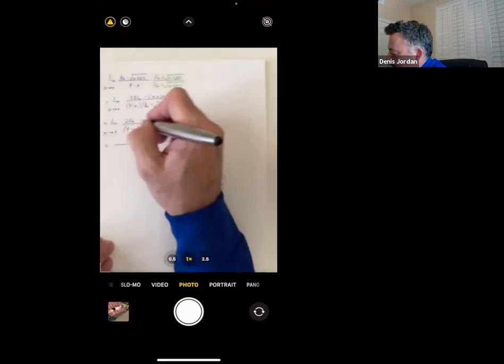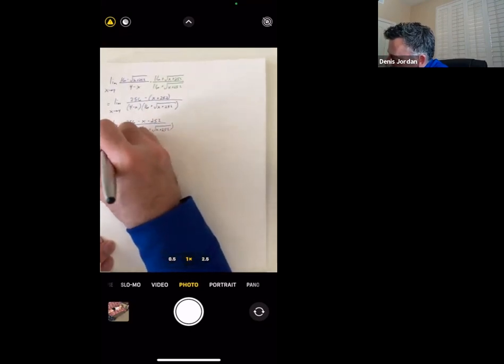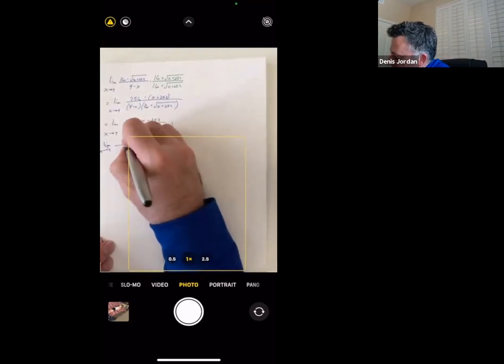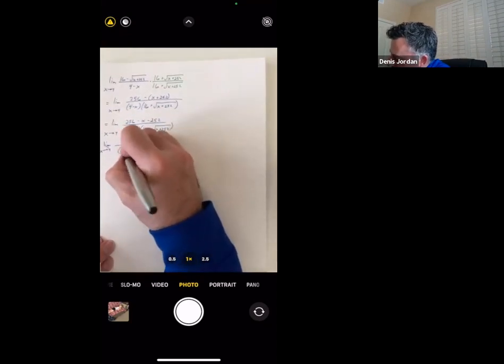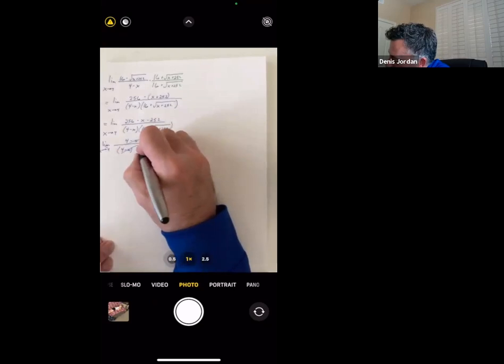If you simplify the top, 4 minus x is on top, and that'll cancel the 4 minus x on the bottom.